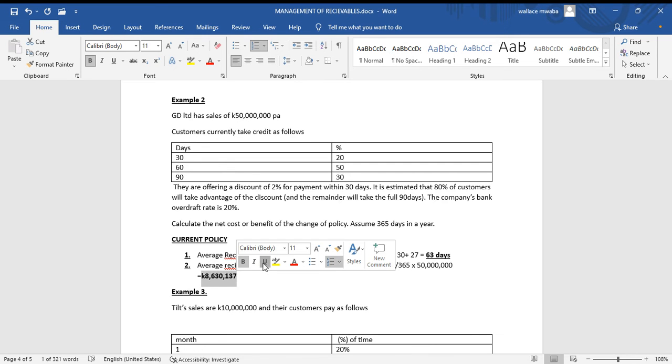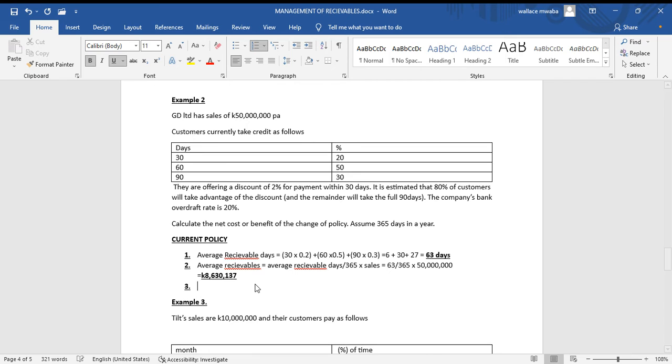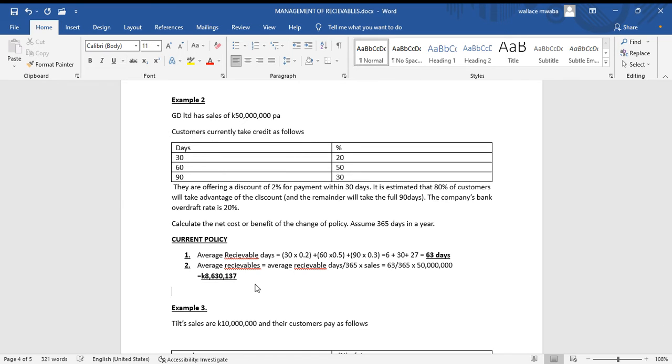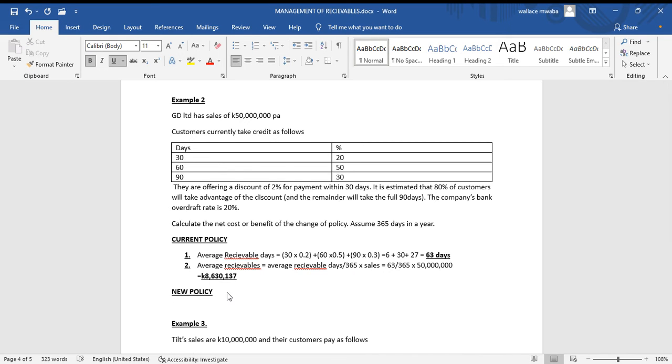Now let's evaluate our new policy. In our new policy, after offering 2% discount, 80% of the customers will pay within 30 days, and the remainder will take the full 90 days.